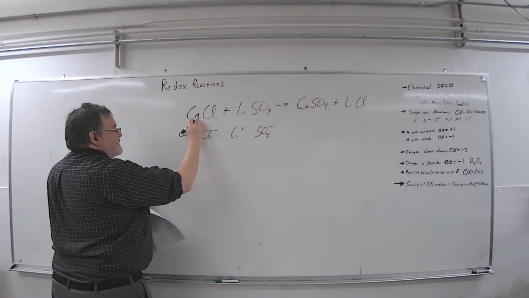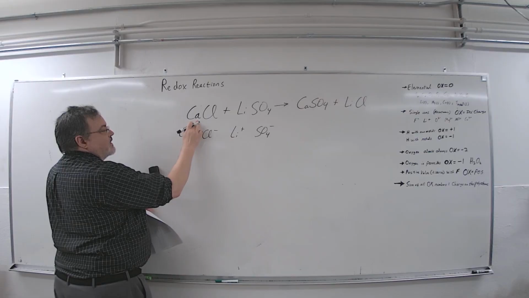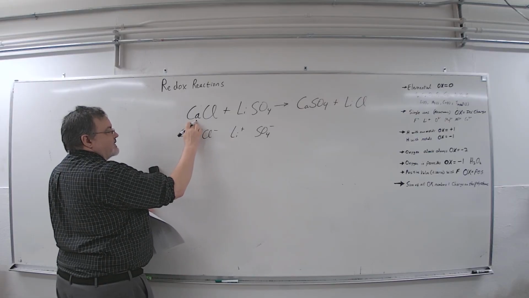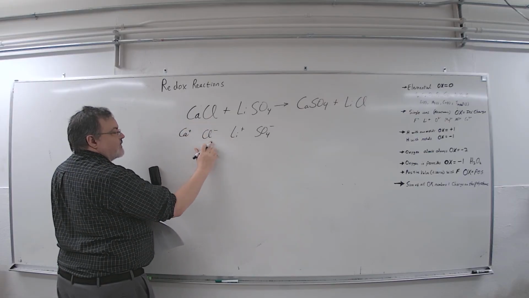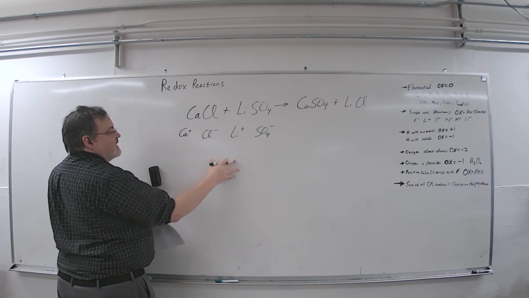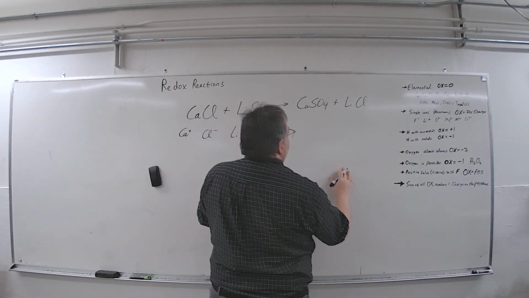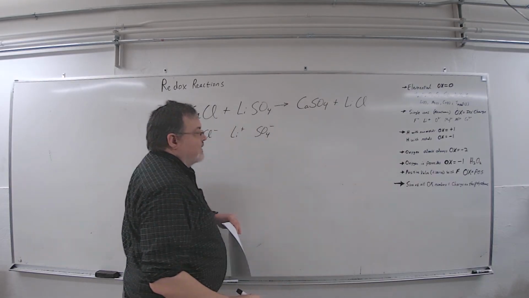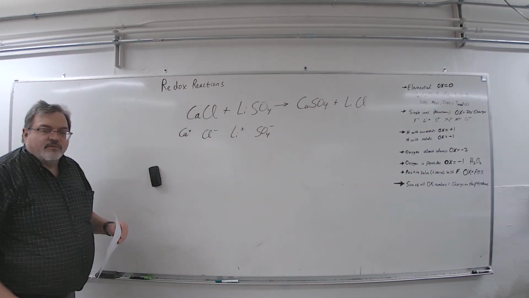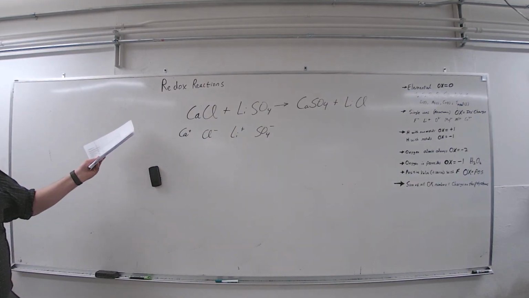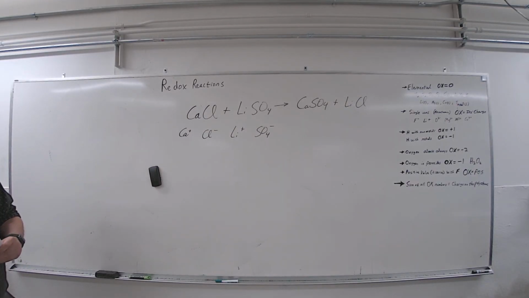So the Ca comes off just the way it went on. It went on after it was already positive, and the Cl went on here after it was already negative. You get these ions that split out, and then they rearrange and go back together here. There's no electron transfer going on. So we just call it a precipitation reaction, double displacement reaction.